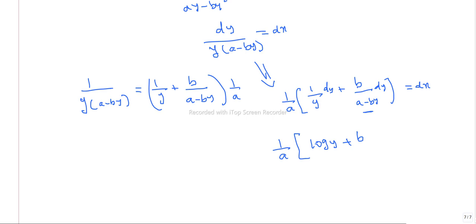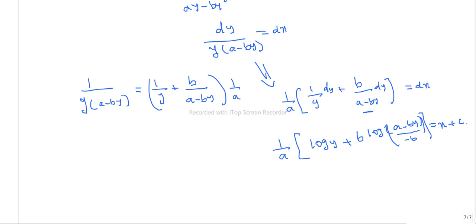So therefore we will get log of a minus by, actually minus b, so this is log of this. If we integrate this side, we have x plus the constant c.